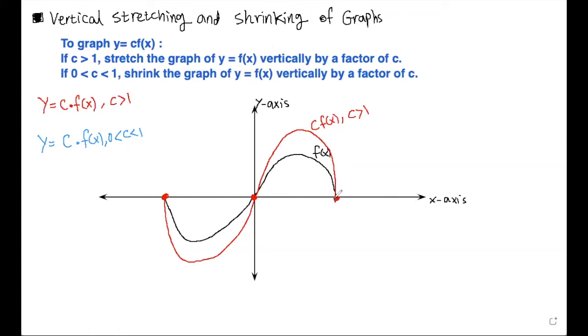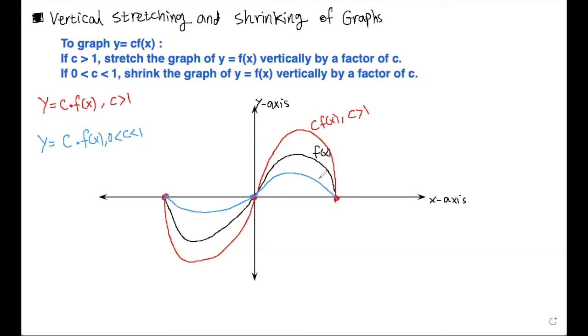So the new graph will be like that, vertically, like this. The blue one is the graph, and it will be something like that here, and something like that here.